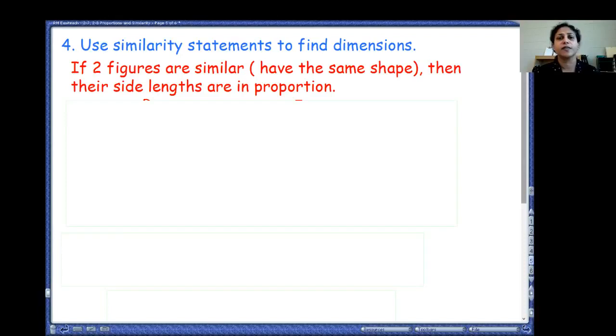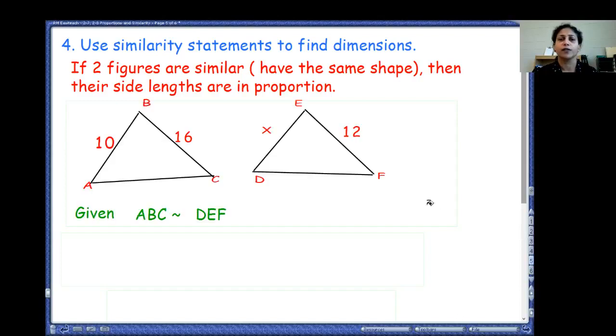Use similarity statements to find dimensions. If two figures are similar, that means they have the same shape, then their side lengths are in proportion. So here's an example. Here are two triangles, and these two triangles are similar. It's given that these two triangles are similar.